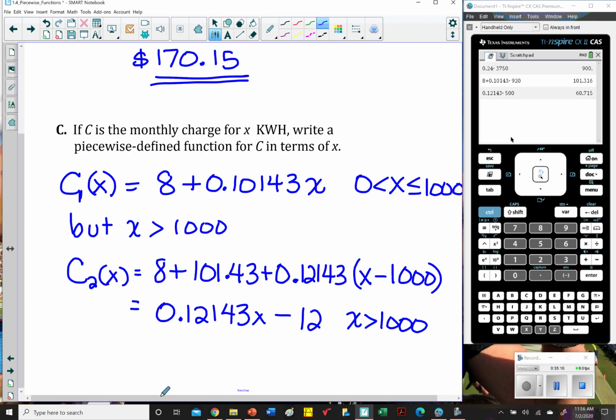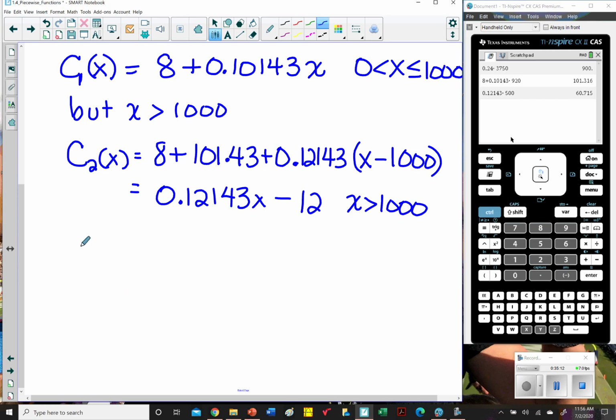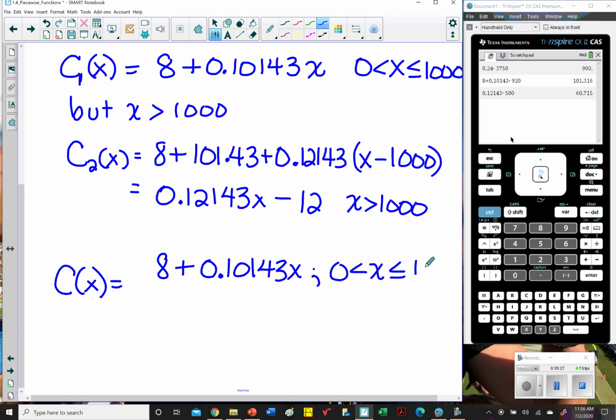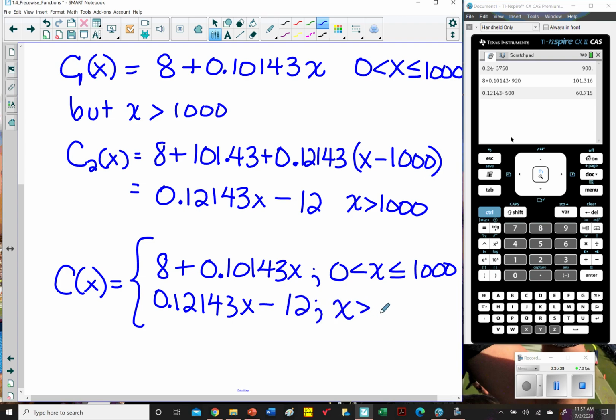So putting that together, our piecewise function would be C of x is 8 plus 10 cents for every hour from 0 to 1,000, and 0.12143x minus 12 for every kilowatt hour over 1,000 kilowatt hours.